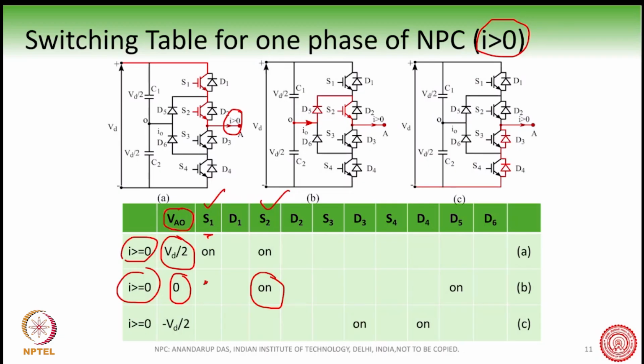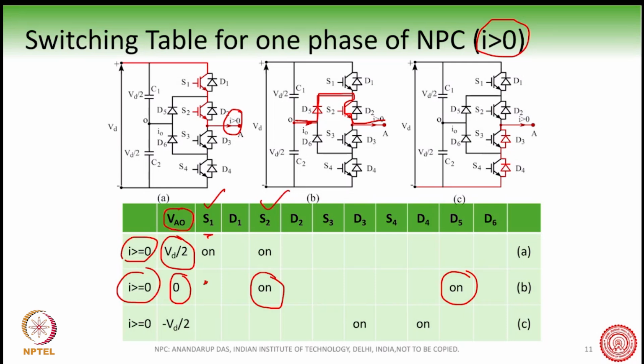So the current will now flow from here through the IGBT and going like this. Then D5 will get turned on automatically. And this is how I greater than 0 and VAO equal to 0 voltage is possible to get.